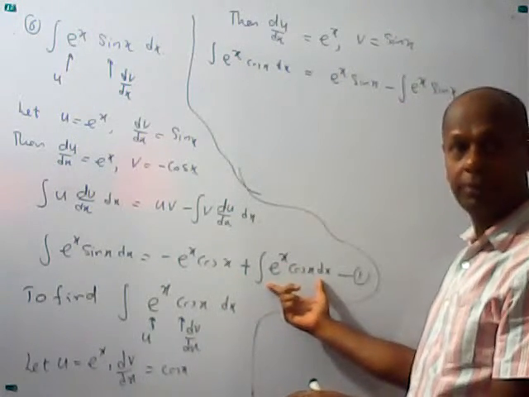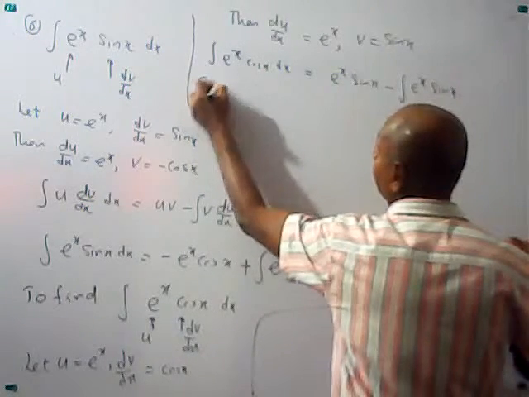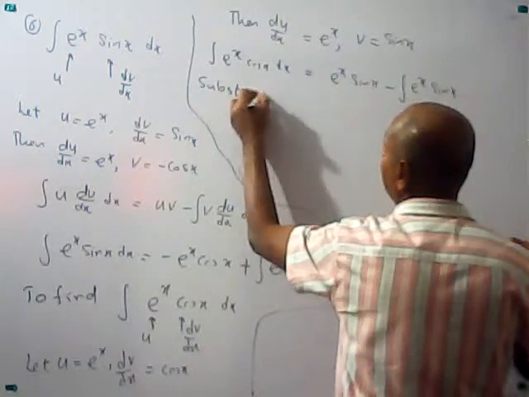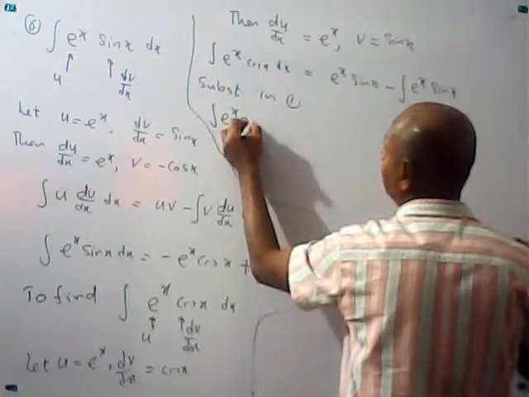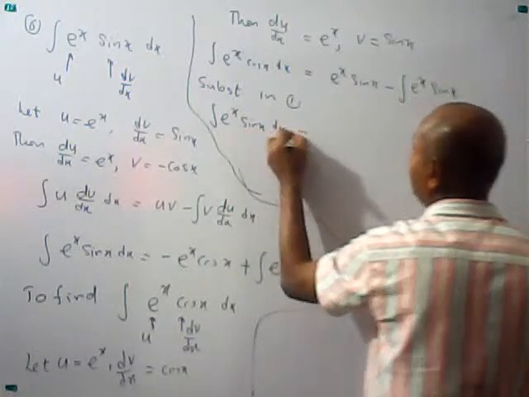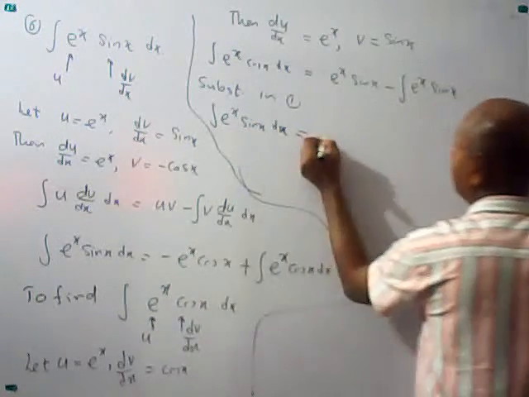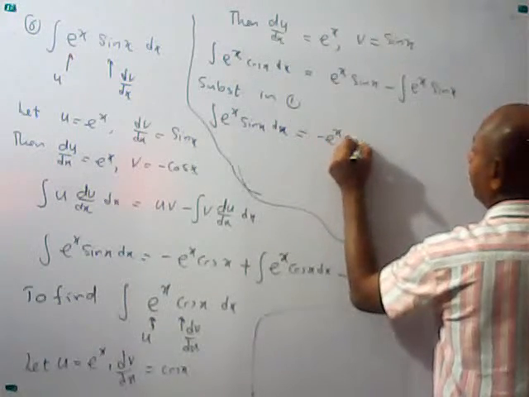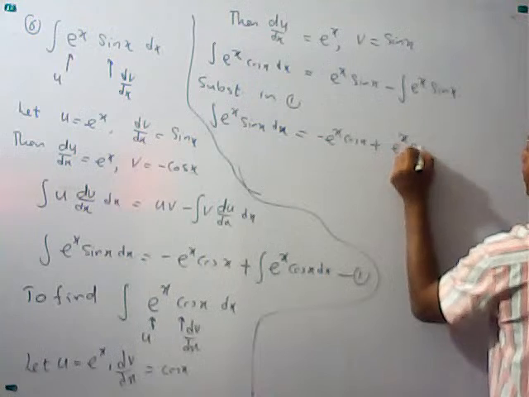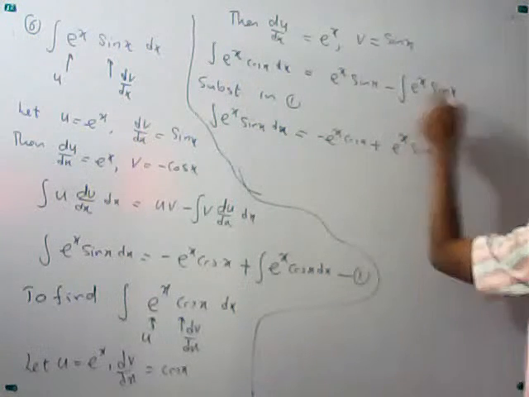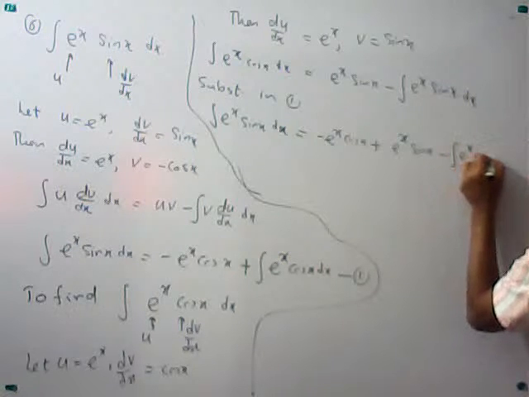You substitute here and see what happens. Substituting in 1, you get integral of e^x sin x dx equals minus e^x cos x plus e^x sin x minus, again you get the integral of e^x sin x dx.